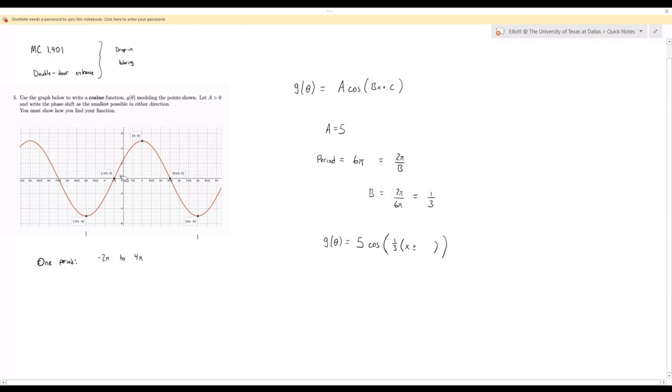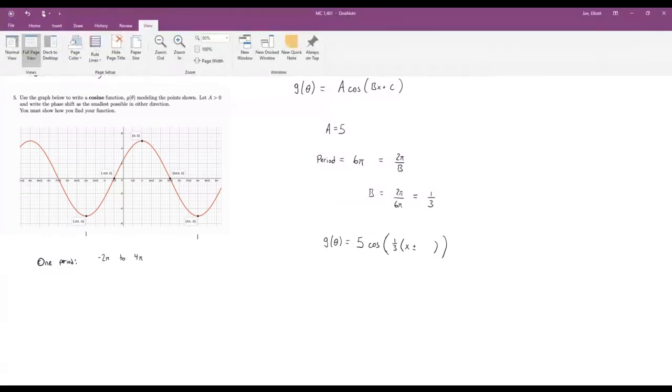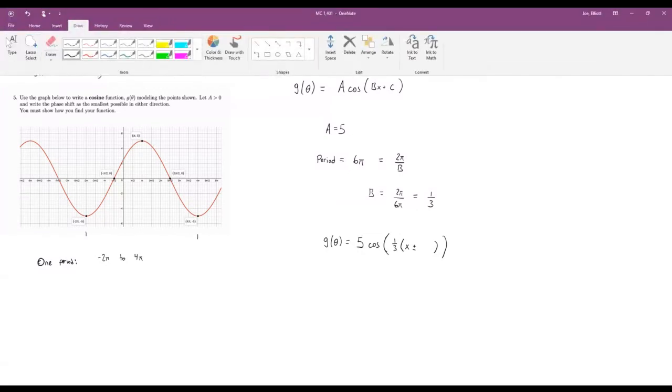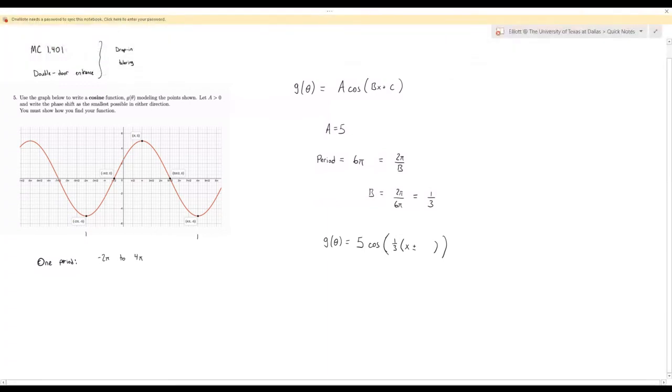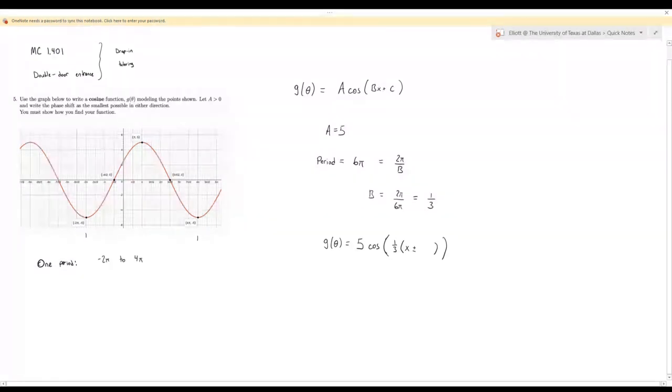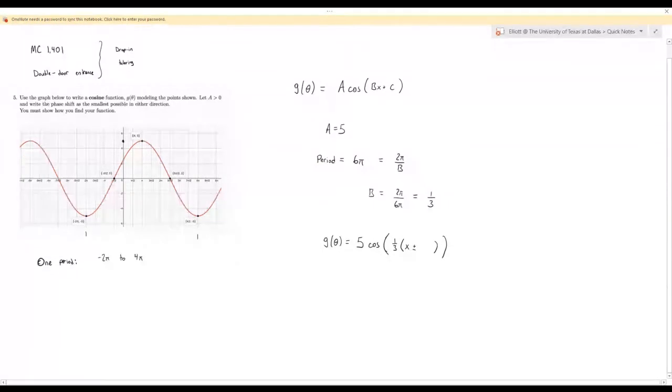Okay, so then let's think about how much this graph has been shifted. To do that, we need to know what the ordinary cosine function looks like. I know the ordinary cosine function has amplitude 1, but to make it look nicer, I'll draw it up here instead.